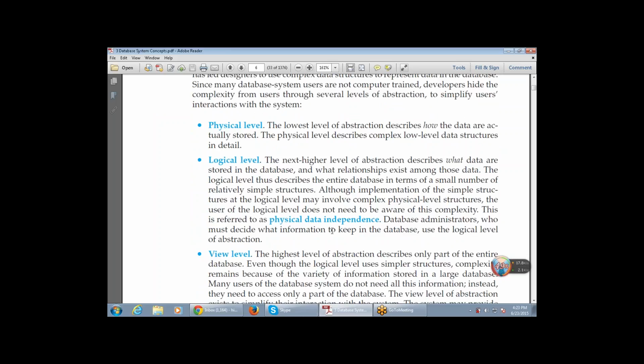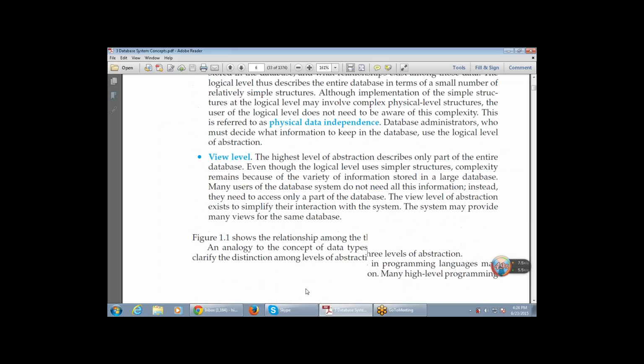So one is how and one is what. Then the view level describes only some part of the entire database, not the full database.